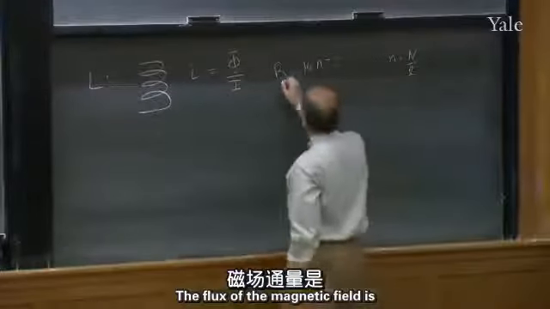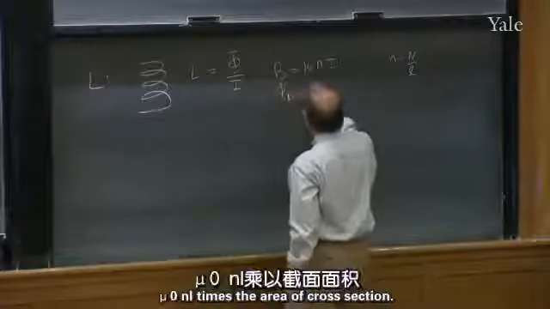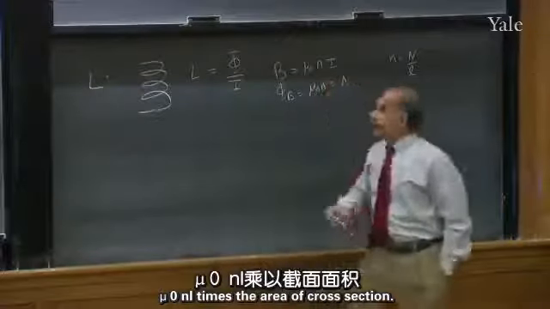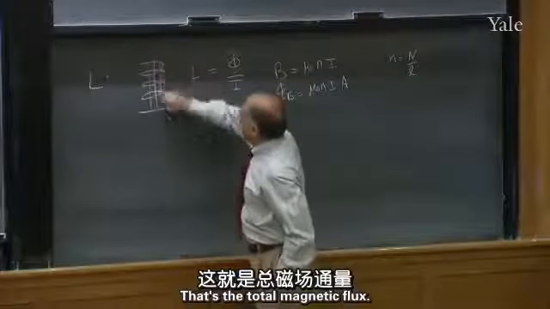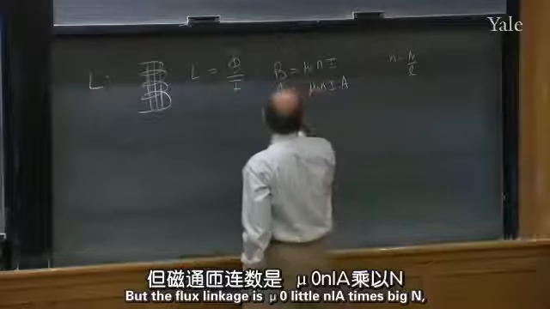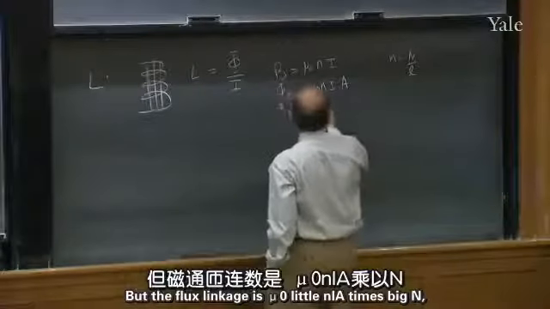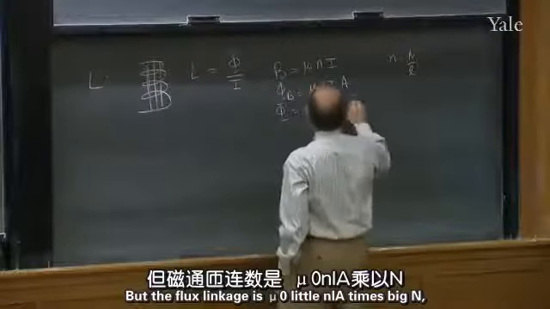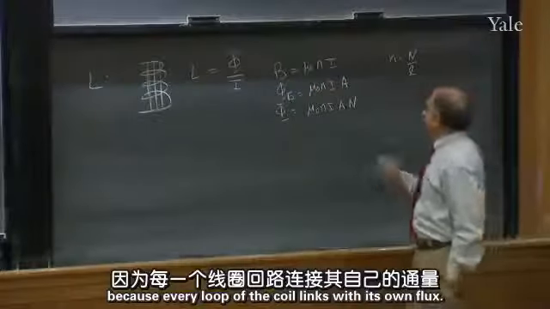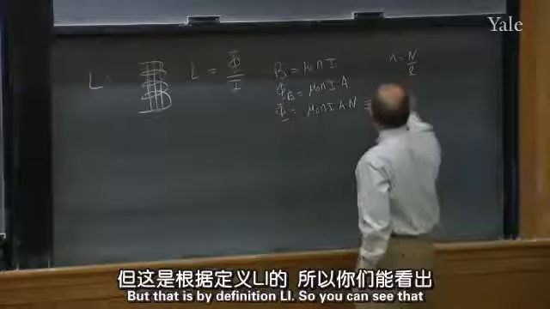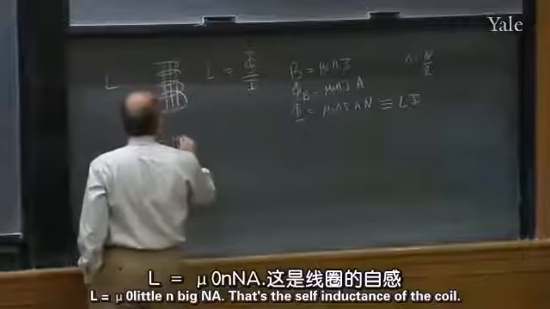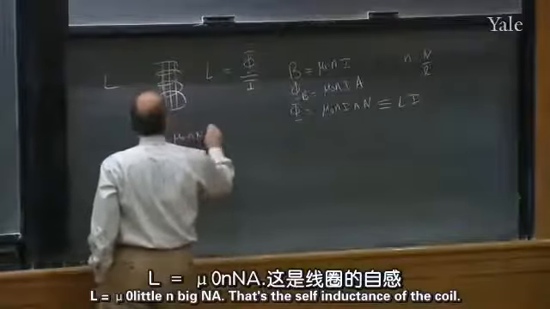The flux of the magnetic field is mu 0 n I times the area of cross section. That's the total magnetic flux. But the flux linkage is mu 0 little n I A times big N, because every loop of the coil links with its own flux. But that is by definition L I. So you can see then L is equal to mu 0 little n big N A.